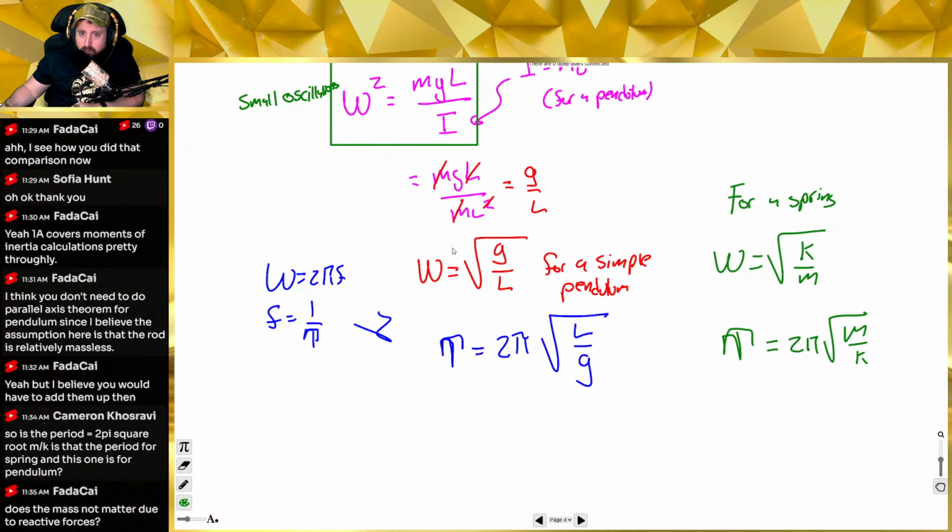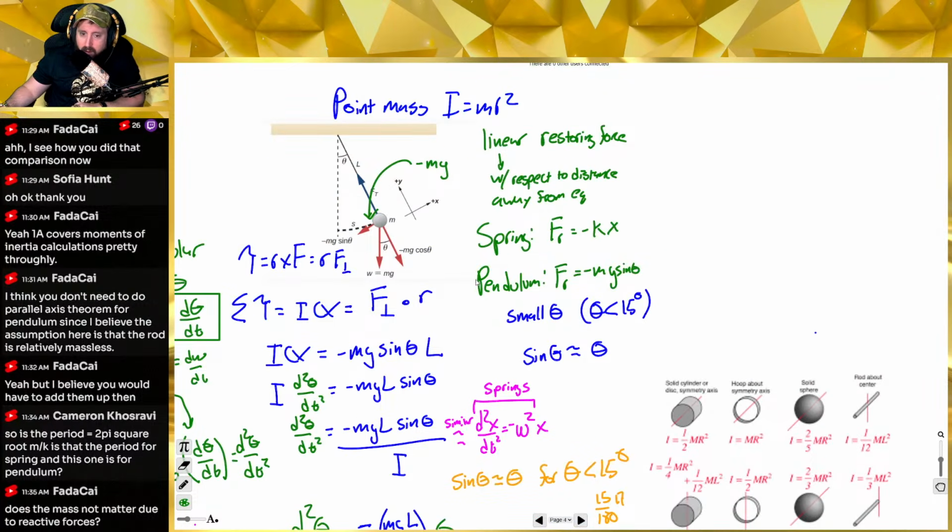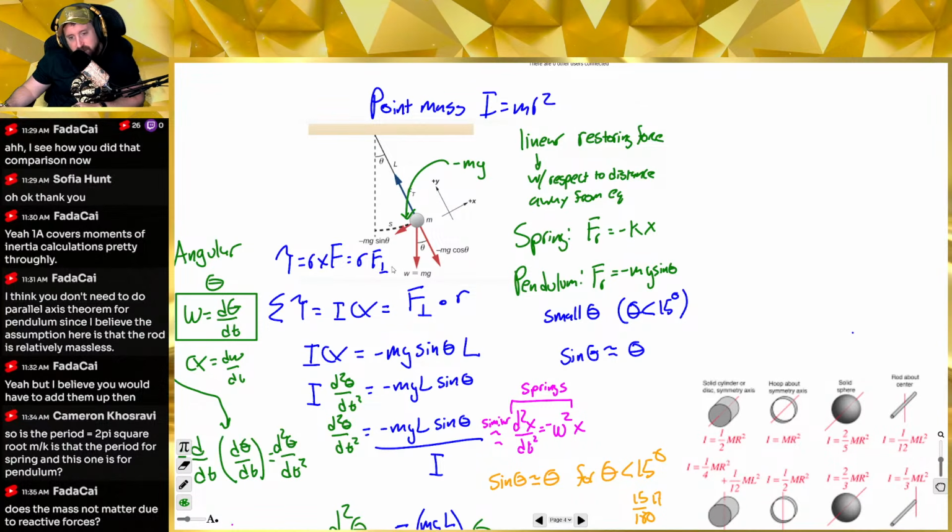Does the mass not matter due to reactive forces? That's a good question. I actually don't know why. I mean, I know the mass term just comes out because the force is dependent on the mass, and that cancels out the mass term of the ma part.